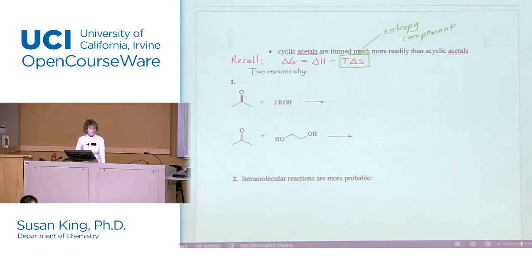So when you make a non-cyclic acetal, it's less favored because if you think about it, we have 3 reagents here. And if you look at the products, two products. So we're decreasing entropy here. A decrease in entropy is not good. A decrease in entropy disfavors the reaction.